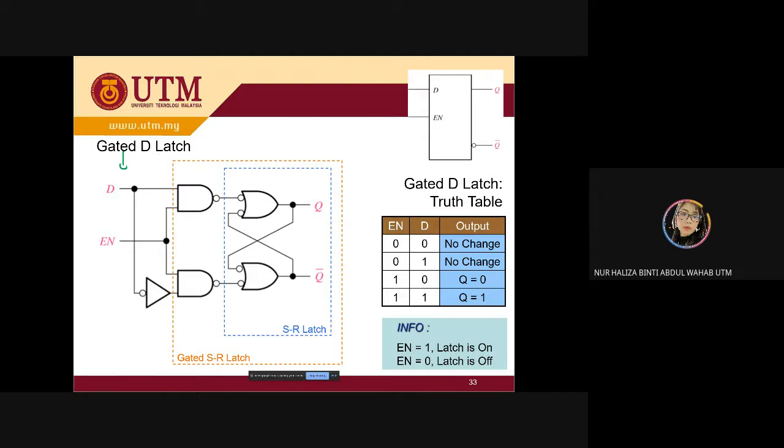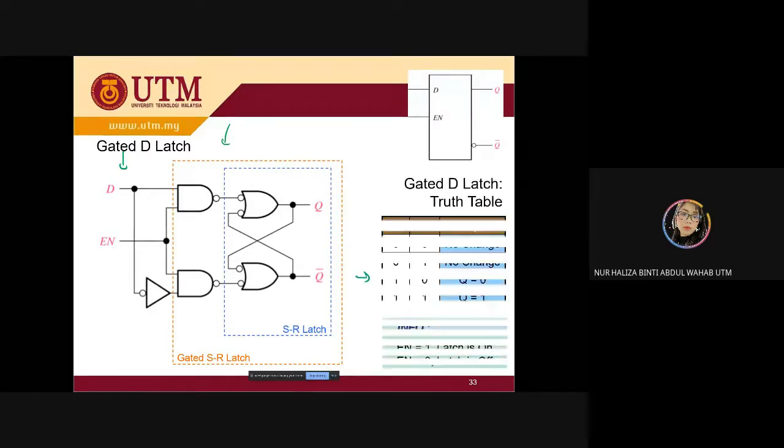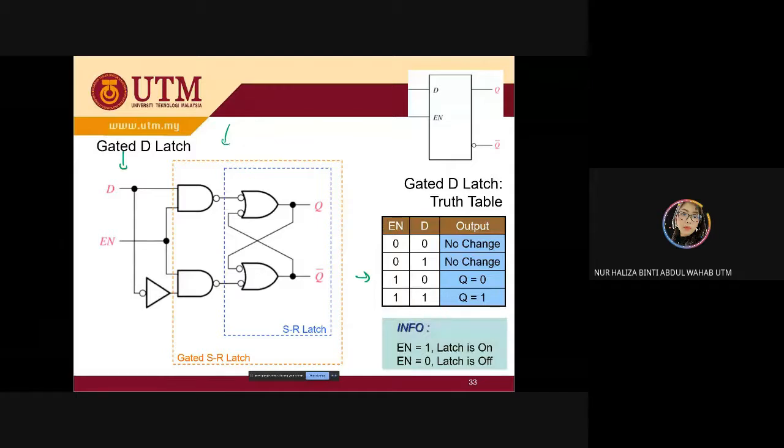Okay, but I don't think that you need to remember all the circuit inside. You just need to understand how basically it happened and how you can derive to get this truth table. So for the gated D latch, it's much easier if you compare to SR latch, gated SR latch, because you have only one input to consider.